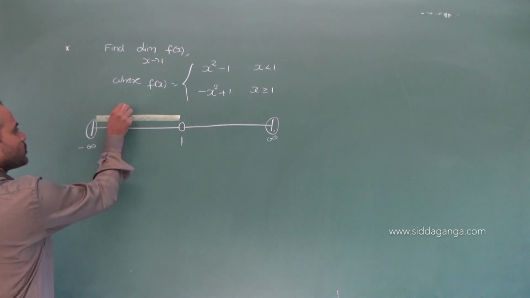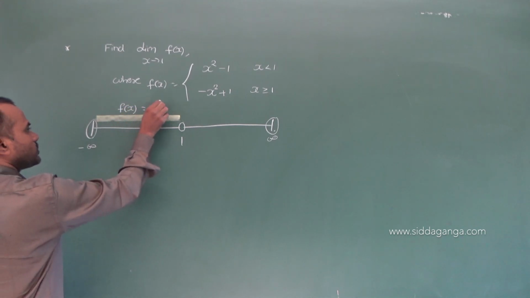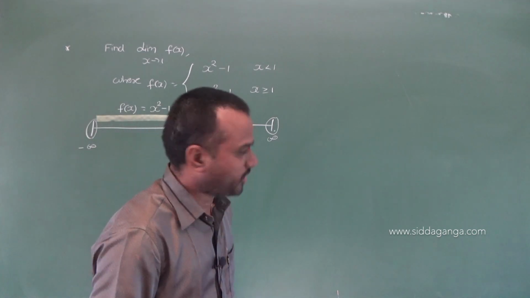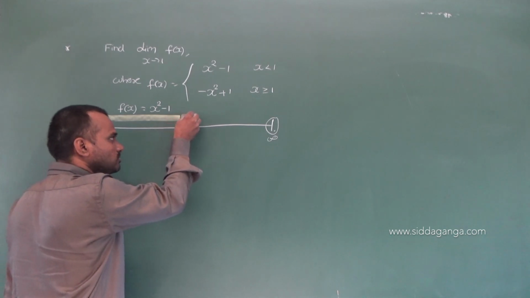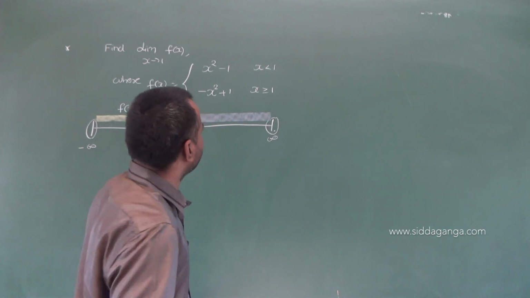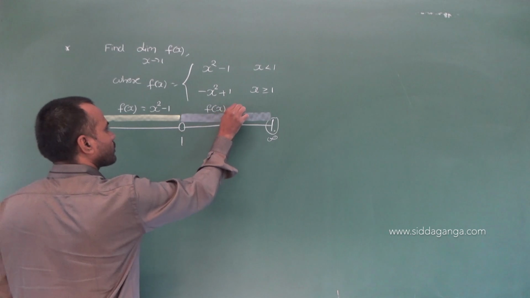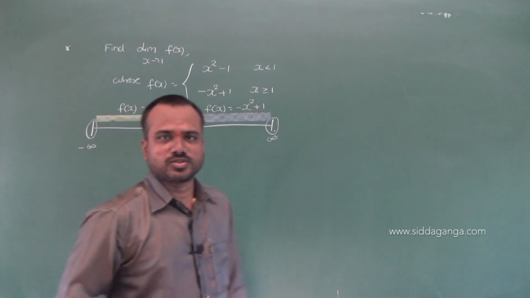We use the function x square minus 1, correct? x square minus 1 for x less than 1, and for x greater than or equal to 1, including 1, the function is minus x square plus 1.